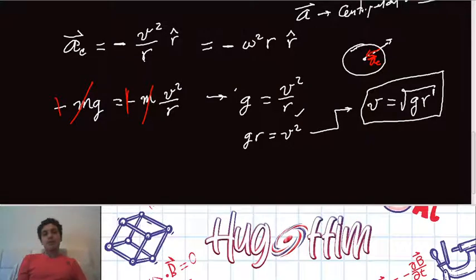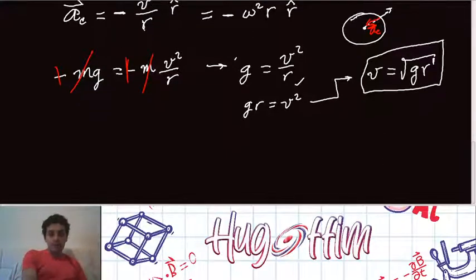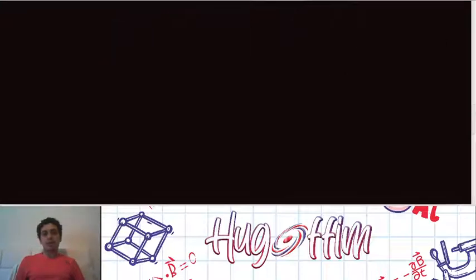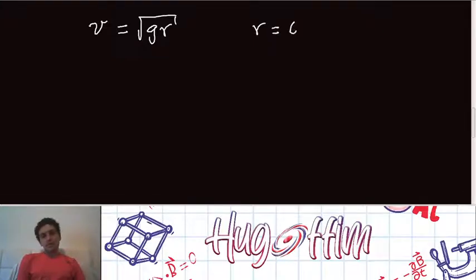Okay? And I think that this is awesome, because you can use the radius of the Earth. So maybe you may ask, okay, what is the radius of the Earth? I'm going to do an estimation, okay? The radius of the Earth is about 6,400 kilometers. In meters, that is 6.4 times 10 to the 6 meters.